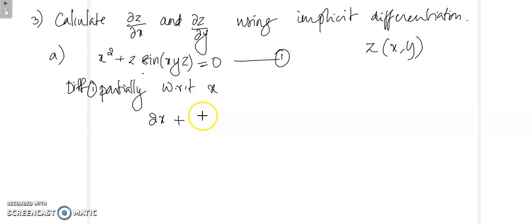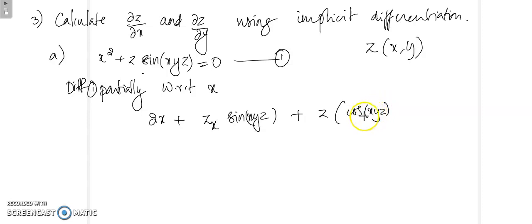Okay, so when you differentiate z with respect to x, you will get zx into sine xyz plus z into the derivative of sine, cos xyz, into the derivative of xyz. When we take the derivative of xyz, y is constant, so that will be y into x zx plus z into 1.